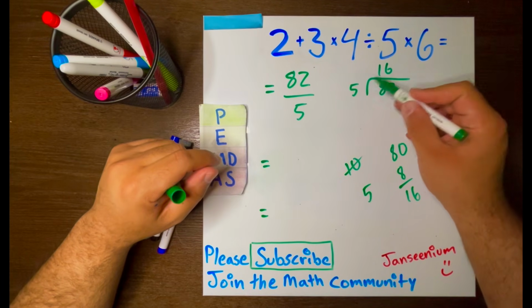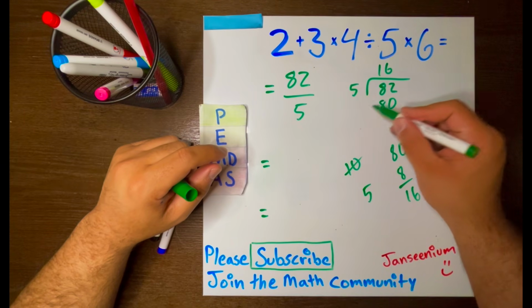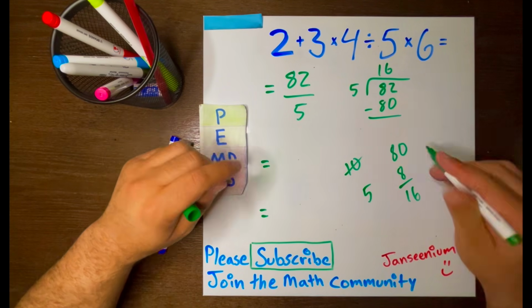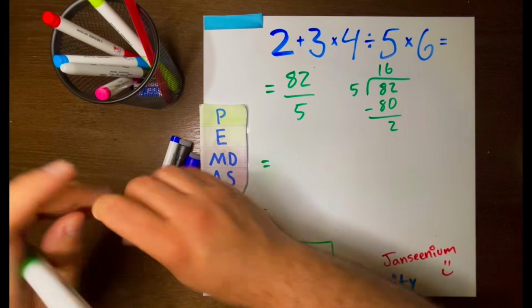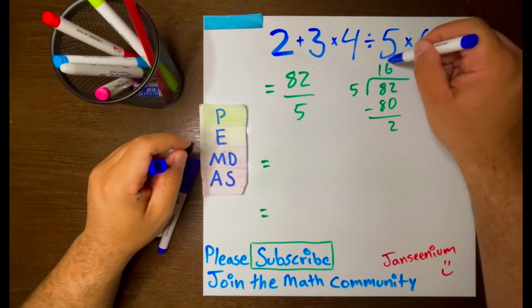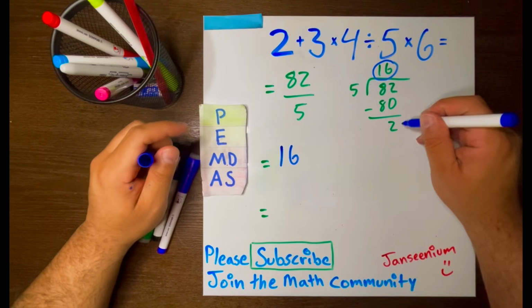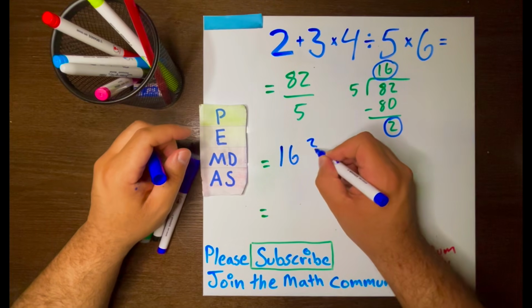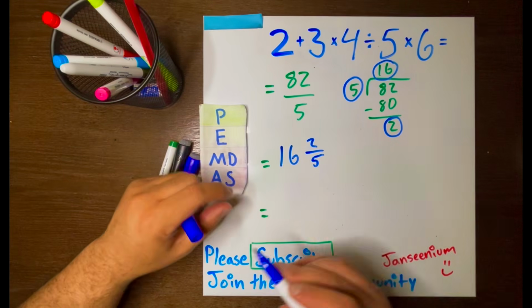So I write 16, and that gives you 16 times 5 is 80. And 82 minus 80 is 2. And so your mixed number answer, the whole number, is the 16. So I write the 16. The remainder 2 goes above the fraction bar, and then the 5 goes below the fraction bar.